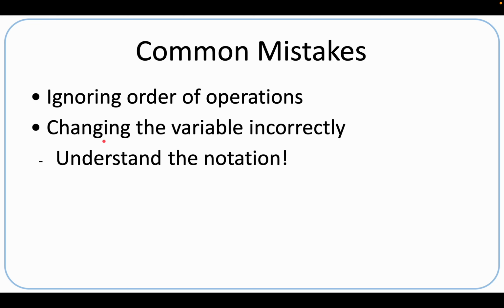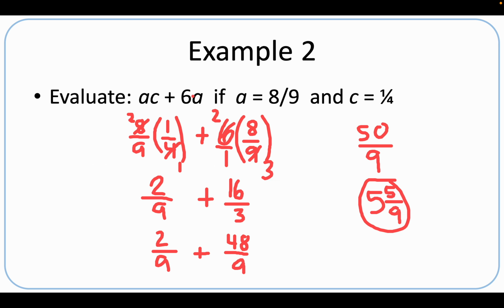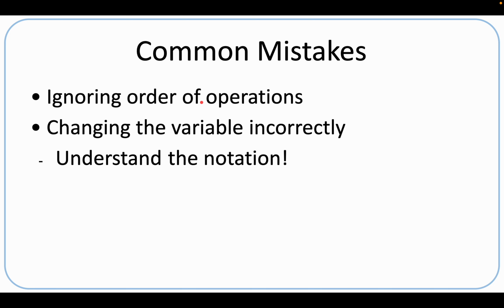So like in that last example, how we had 6a, just remember that that wouldn't be 6 plus 8 ninths. It wouldn't be 6 and 8 ninths. It's 6 times 8 ninths. So just remember the notation of when you see variables next to each other or next to a number.